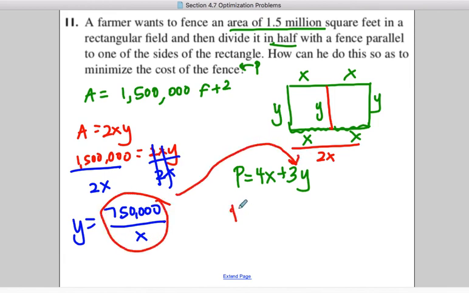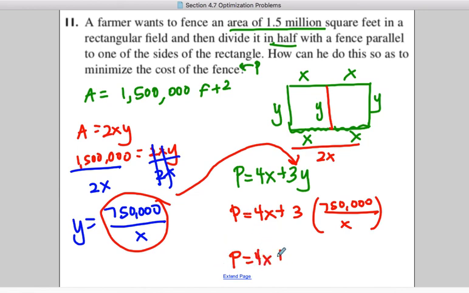Then we'll simplify. So our perimeter will equal 4x plus 3 times 750,000 over x.